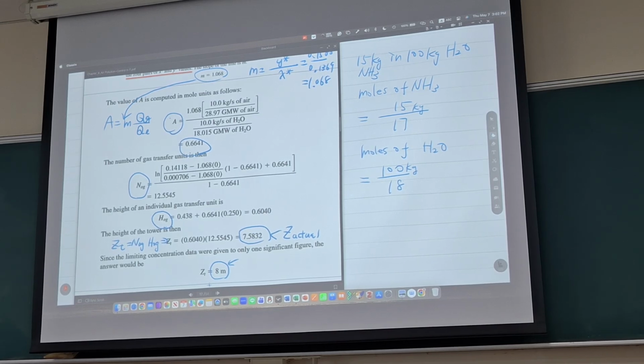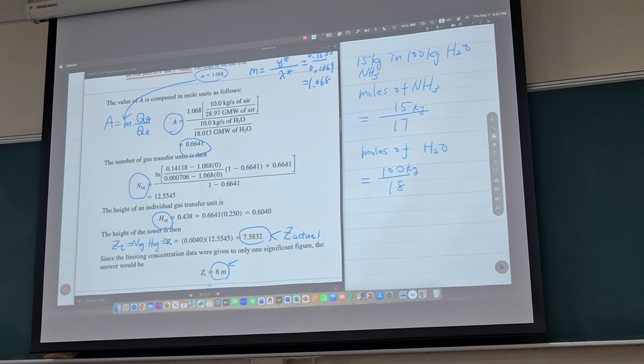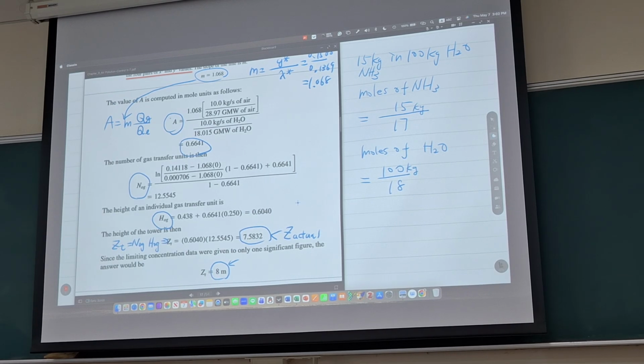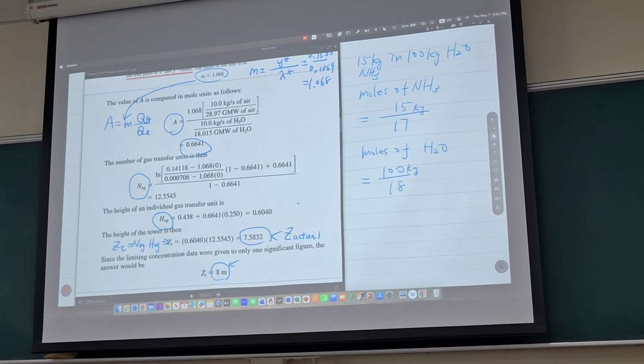If you just build like 7, then the effectiveness will not be good. So you need at least 8. Just make it an integer. Then you will say, I'll build 8.